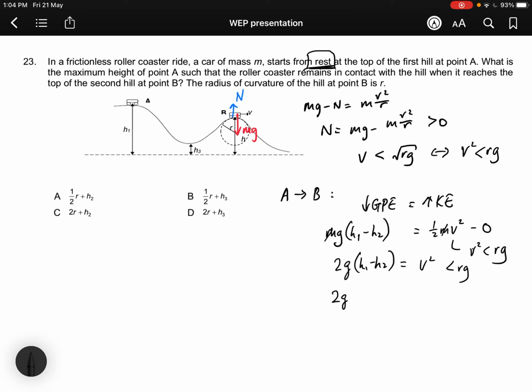So you have 2g(h1 minus h2) smaller than rg. Hence, what is h1? We take away the g, divide by 2, so h1 must be smaller than h2 plus r upon 2, and that's the answer.